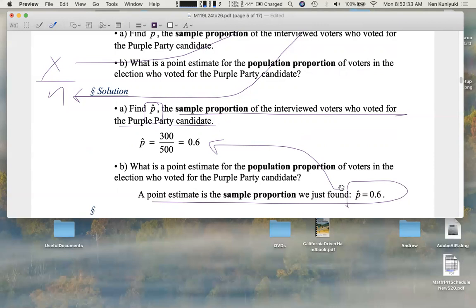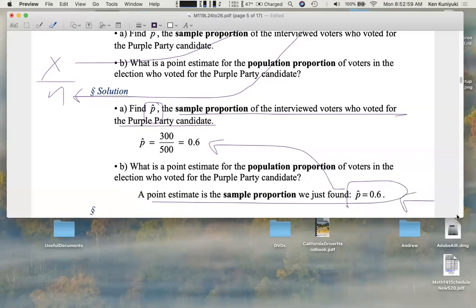Later on, we'll talk about margin of error and uncertainty and sampling error and all that. But our best point estimate based on the exit poll here is 60% or 0.6. That's our best point estimate for the actual population proportion of voters in the election who voted purple. And in the end, in the election, that's what's going to matter.